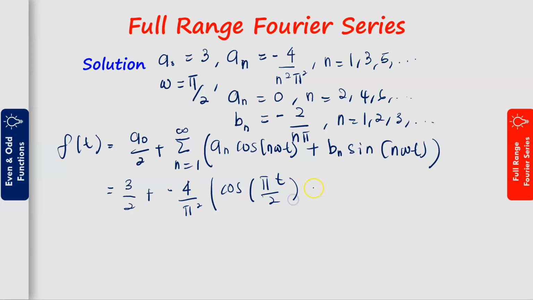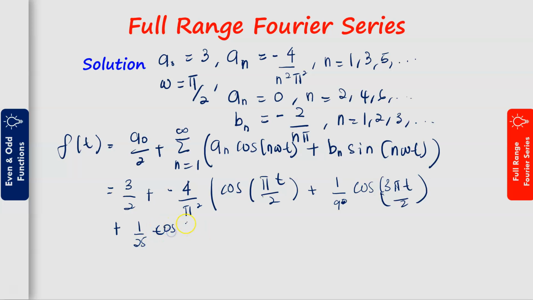And then next plus, for even numbers it is 0, so we don't have to write. When we have odd numbers, 1 over 3 squared, since -4 we already factored outside, so 1 over 9 times cos 3 pi t over 2, and then plus 1 over 25 cos 5 pi t over 2 plus dot dot dot.